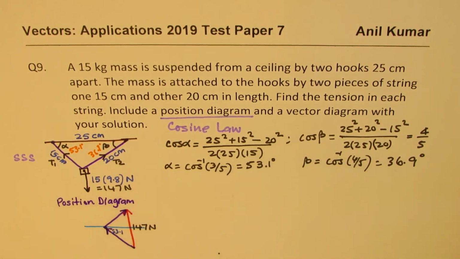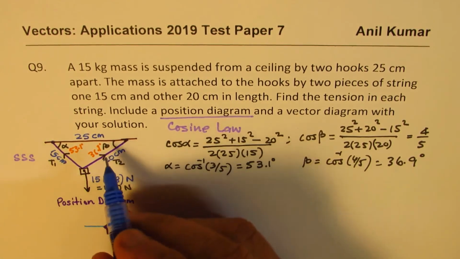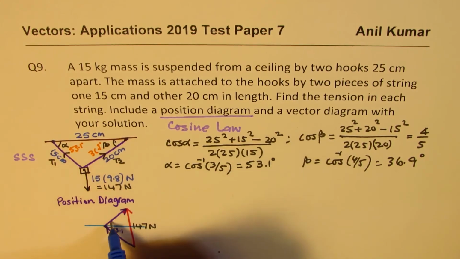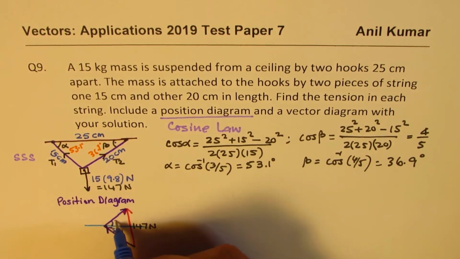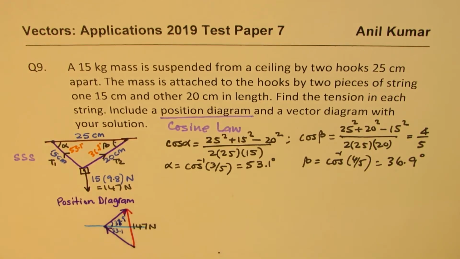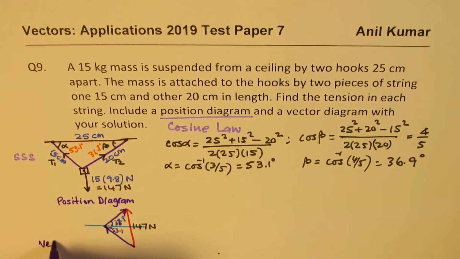Now, the angle here is this angle, which is 36.9 degrees. Is that clear? Okay. So that is how you actually get your vector diagram. So let me write down, this one is your vector diagram.